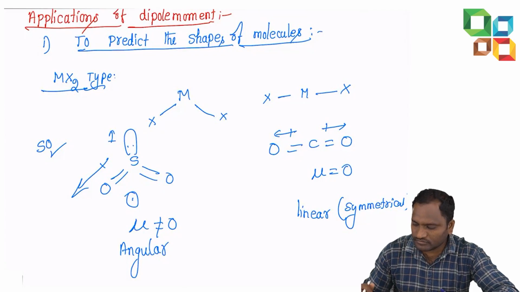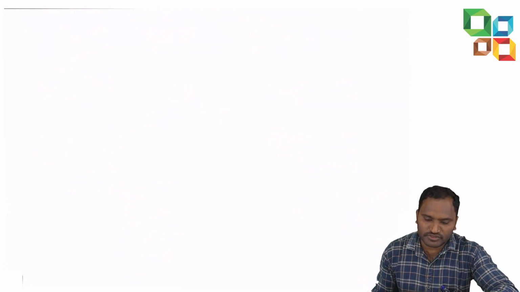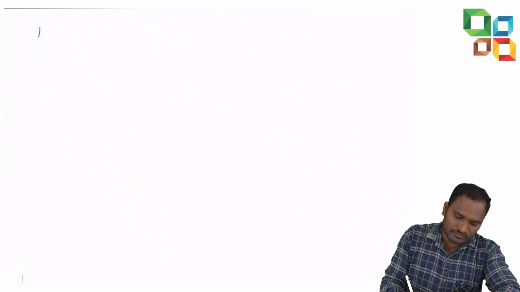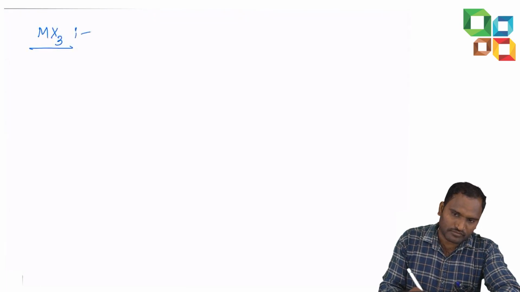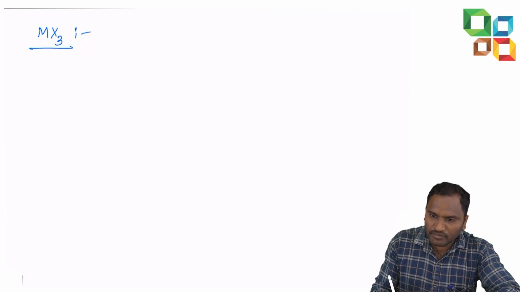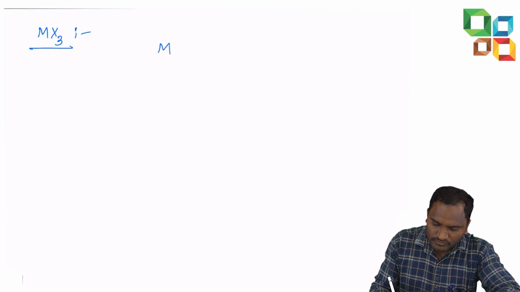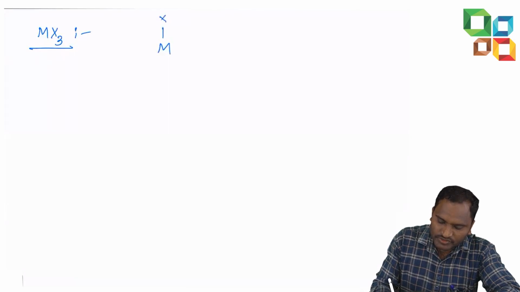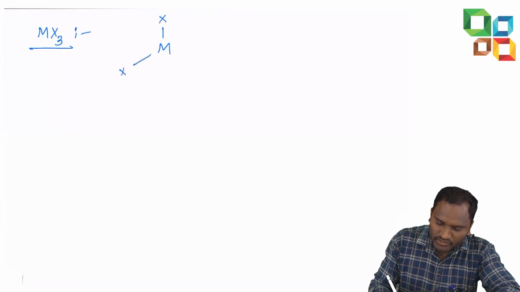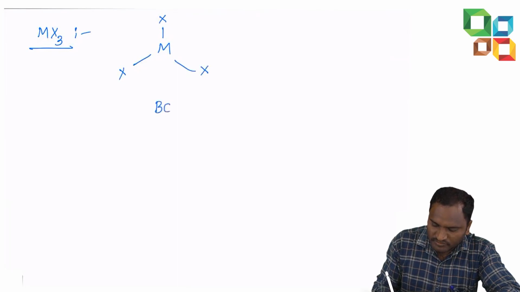Next one, MX3 type. MX3 type can exist in two ways. One is triangular planar, example BCl3.